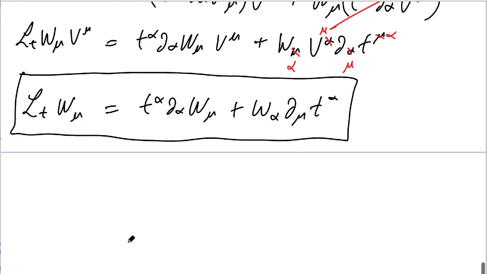Now we can carry out this same type of analysis for a tensor of any rank, say rank (n,m). So we have a tensor with n upper indices, mu_1 through mu_n, and m lower indices, nu_1 through nu_m. These are the components of the tensor. We just wire these together with vectors and covectors to form a scalar, and we know how the Lie derivative acts on that.